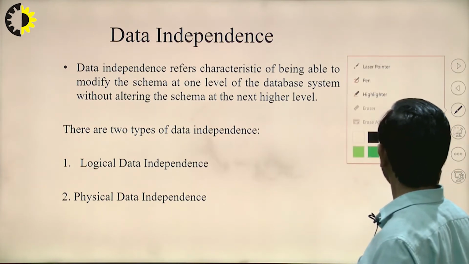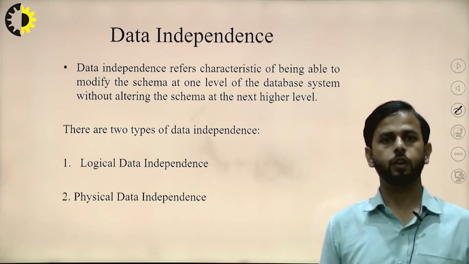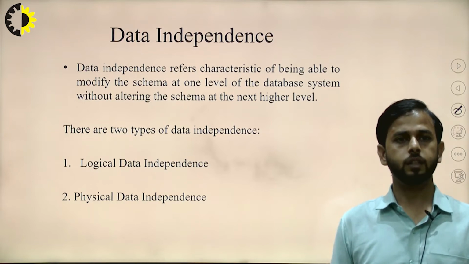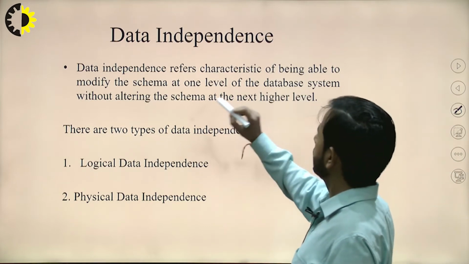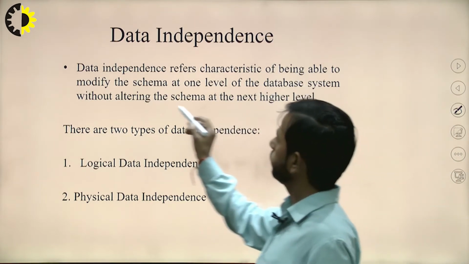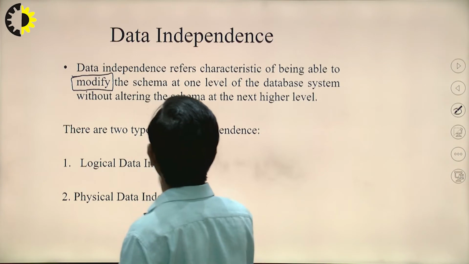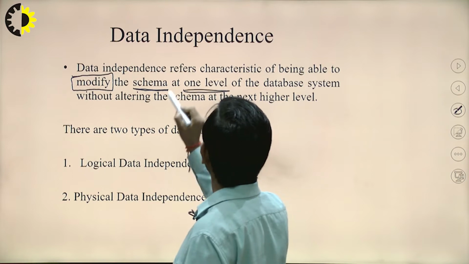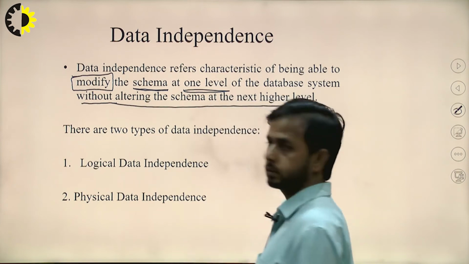What is data independence? Data independence refers to the characteristic of being able to modify the schema at one level of the database system without altering the schema at the next higher level.